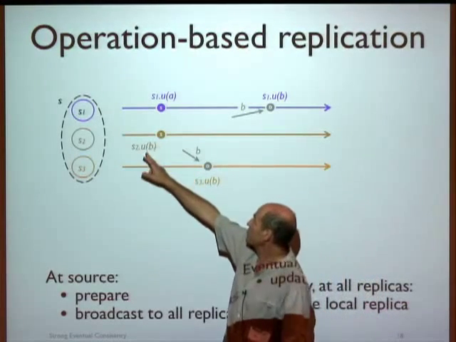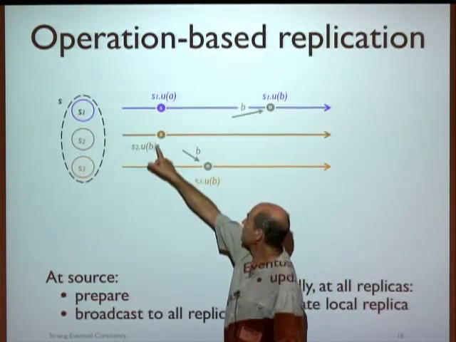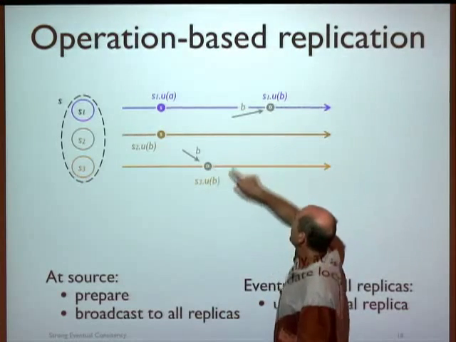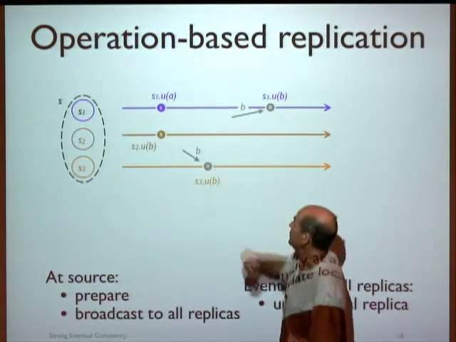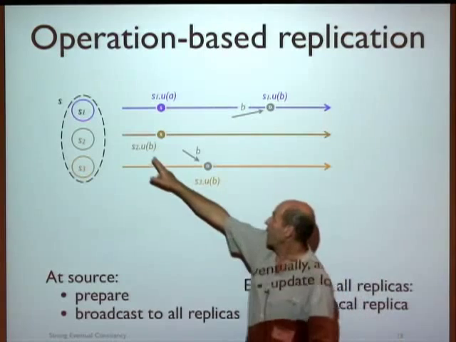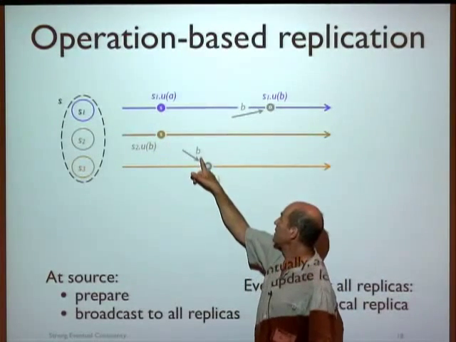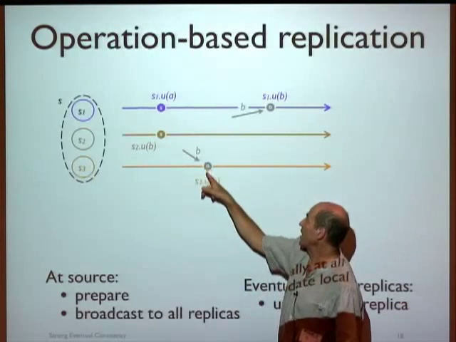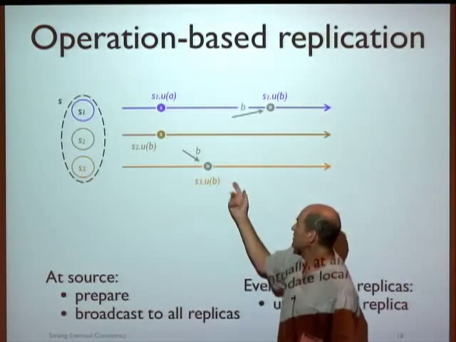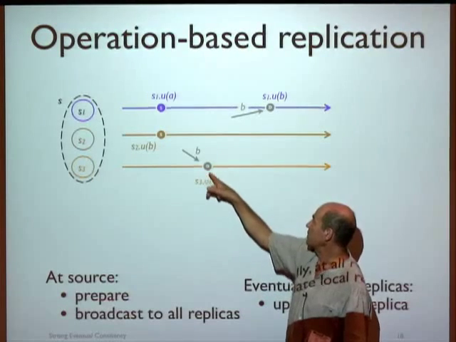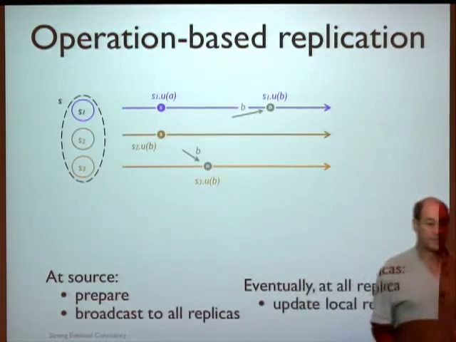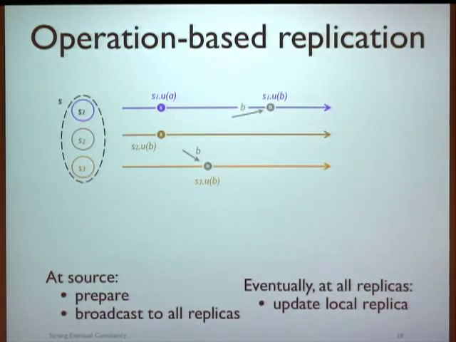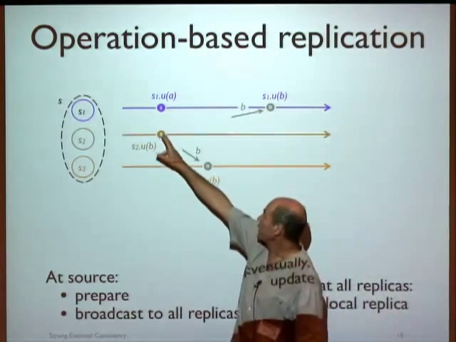So you apply the update at the source, but then you also apply it at all the other replicas, which I will call the downstream replicas. Here, I just had to send the argument to the update, and everybody of course has the code for the update, so you just need to apply the code at all the sites. So of course I just propagated this update.